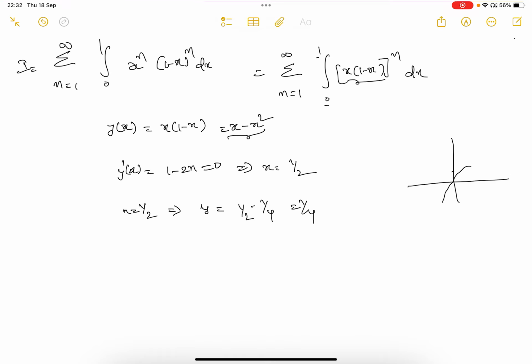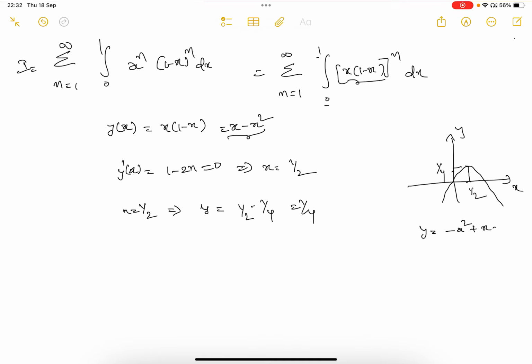It is a type of like this. This is x, this is y, this is x equal to half, this value will be 1 by 4. Because as you can see here, y equal to minus x square plus x.